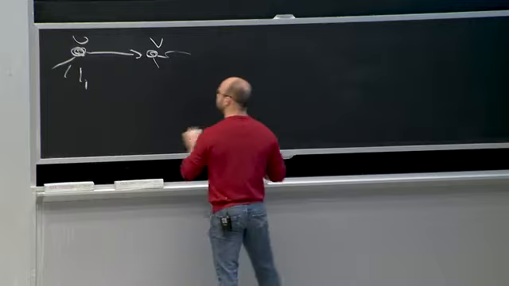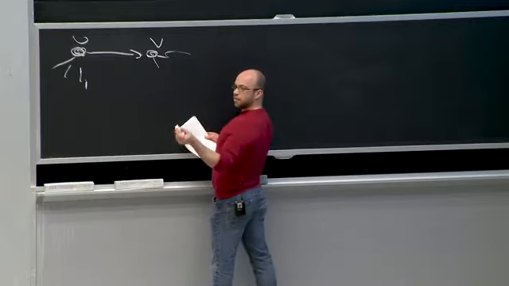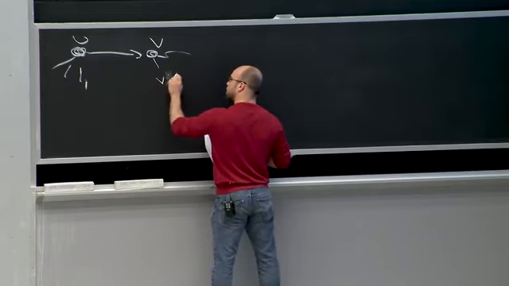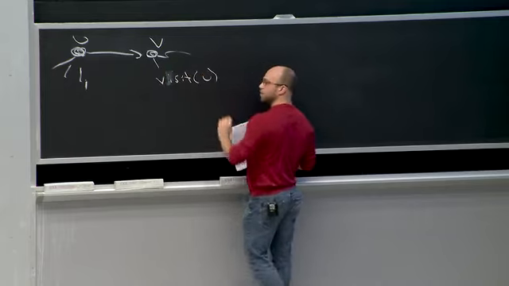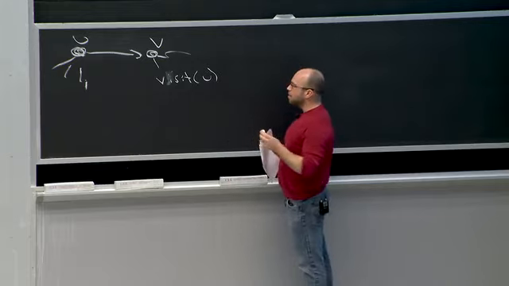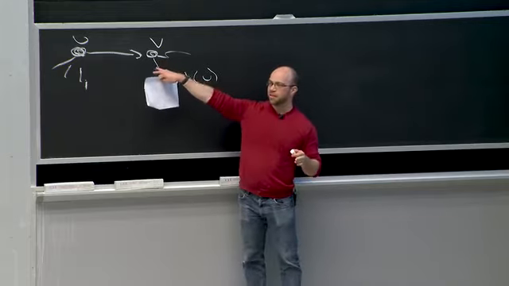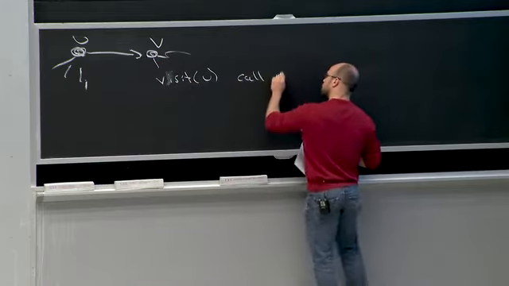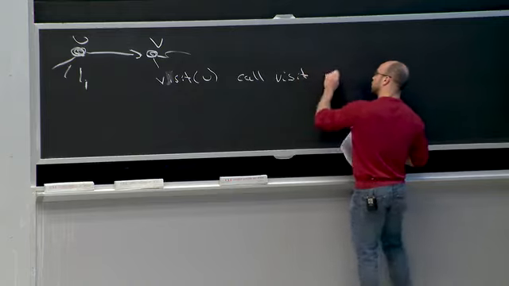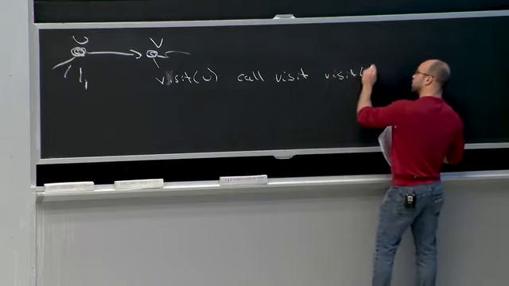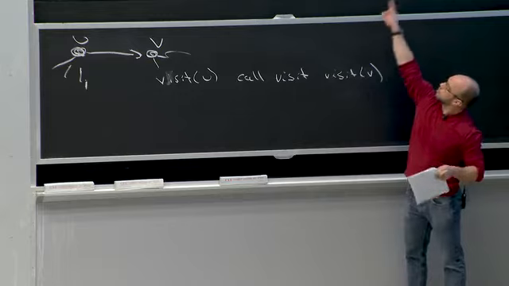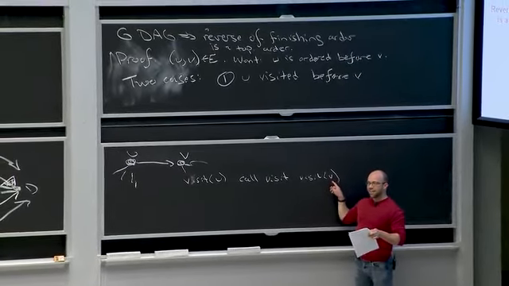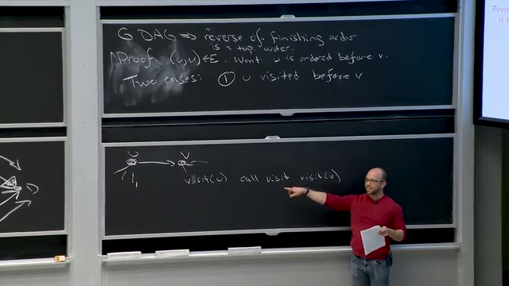So in particular, just by the way that we've defined that visit function, what do we know? We know that when we call visit on u, v is one of its outgoing neighbors. So in particular, visit on u is going to call visit on v. And we know that because u is visited before v, so currently v's parent is none when I get to u. That make sense?